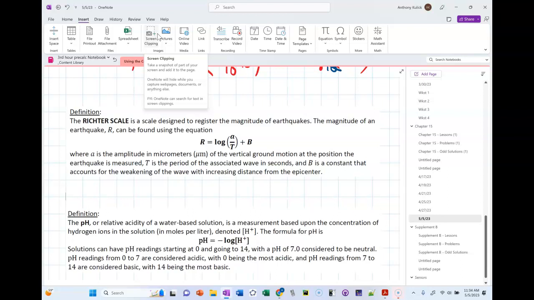A magnitude 2 is one order of magnitude greater than a magnitude 1, right? When we say order of magnitude, we mean a factor of 10. So a magnitude 2 is 10 times more powerful than a magnitude 1.